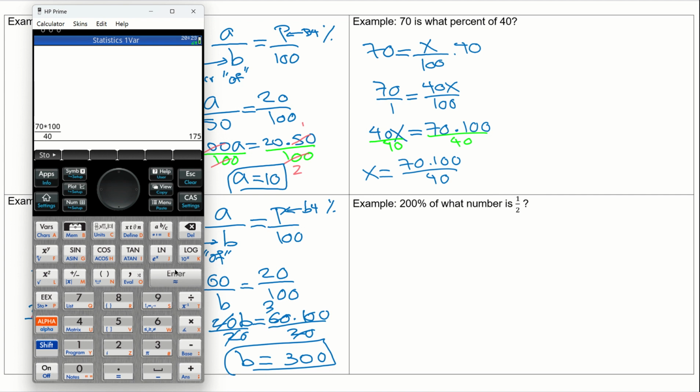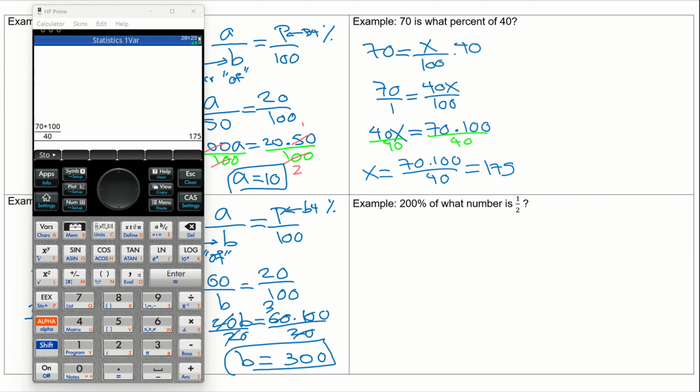And we end up with 175. All right, so it turned out to be a nice number after all. So we get 175. So basically what we're saying is that 70 is 175% of 40.